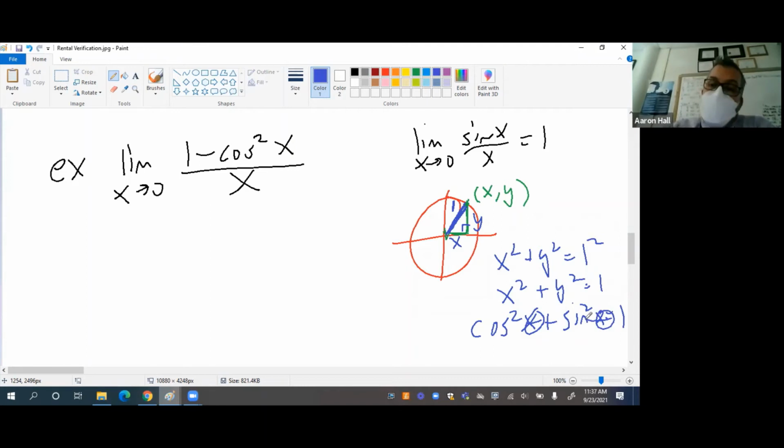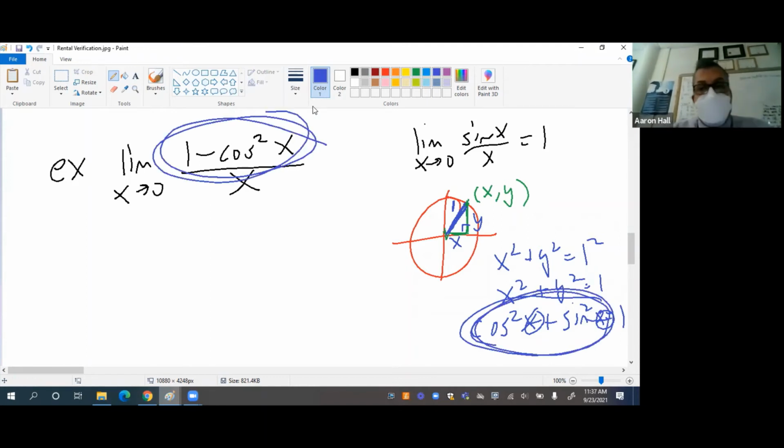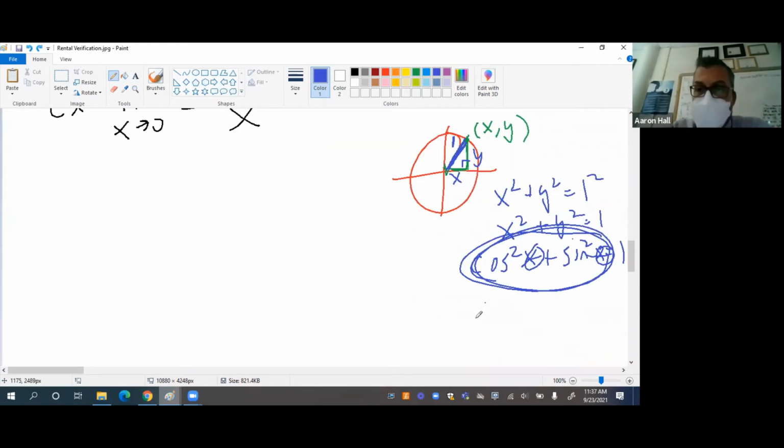So if I manipulate this somehow, is there a way I can rewrite this, especially knowing I need to incorporate sine? Sine squared of x, yeah. If I subtract cosine squared of x from both sides, I get sine squared of x equals 1 minus cosine squared of x. So this is what I put in the numerator.